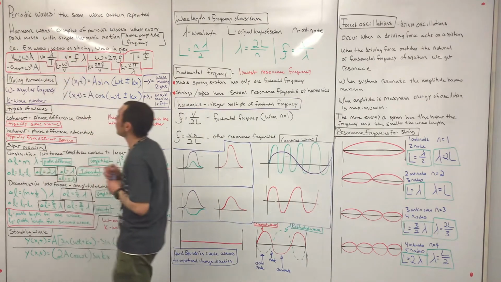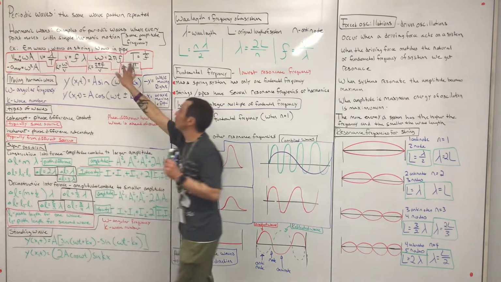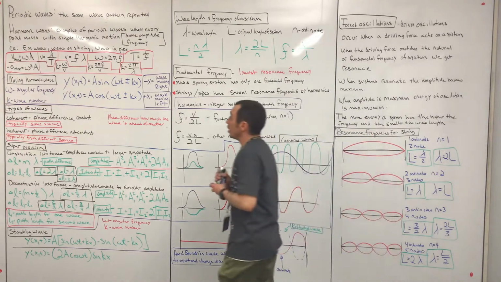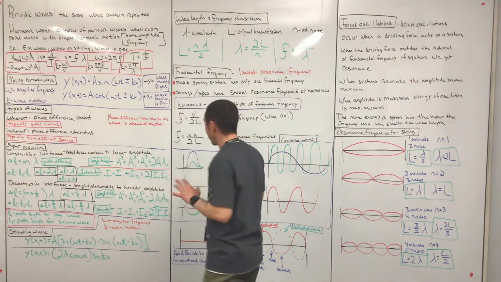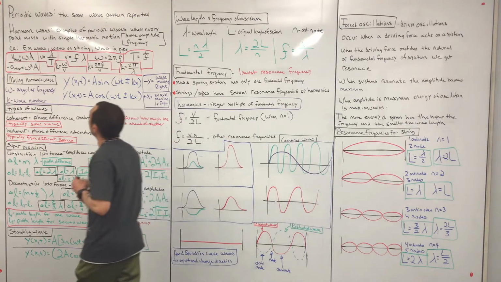Some examples of harmonic waves are electromagnetic waves, waves on a string, waves in a pipe. Those are different types of physical harmonic waves. Everything we're going to talk about here can describe those types of waves.